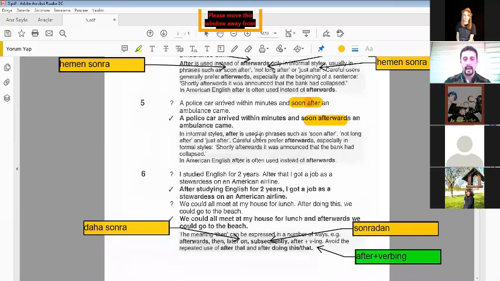Informal styles, after is used in phrases such as soon after, not long after, and just after. Careful users prefer afterwards. So we understand afterwards is formal, and then soon after, not long after, just after is informal or friendly. The difference is like this.